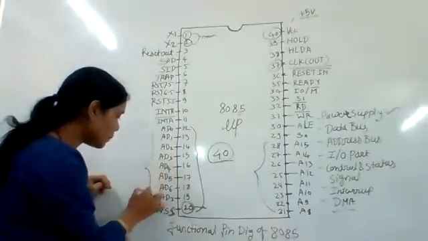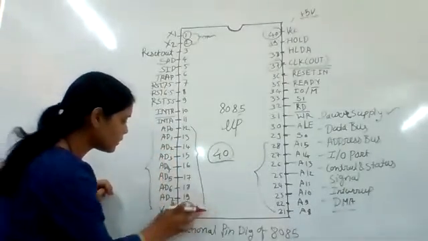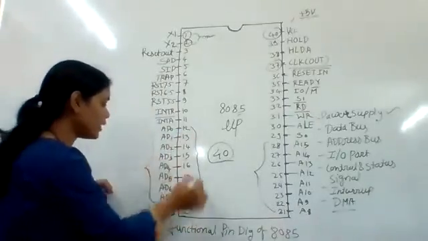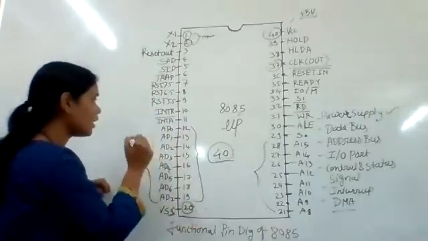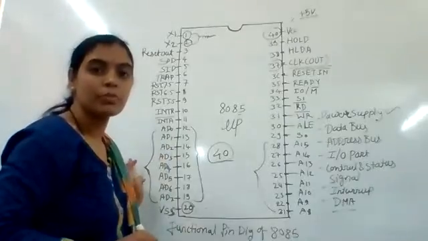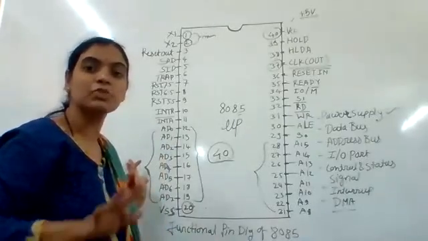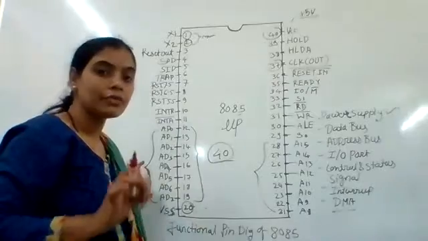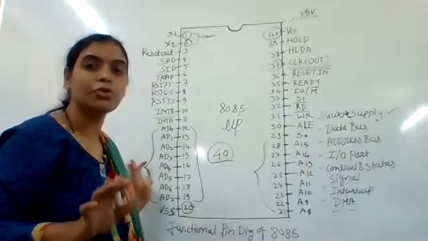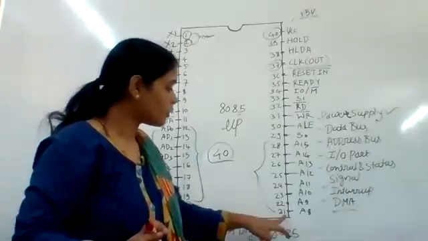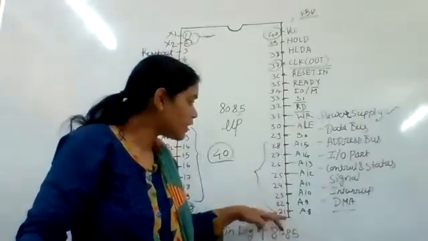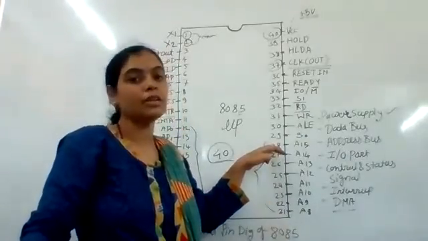These multiplexed address lines are pin number 12 to 19. The left over 8 are shown separately by pin number 21 to 28 in the pin configuration.